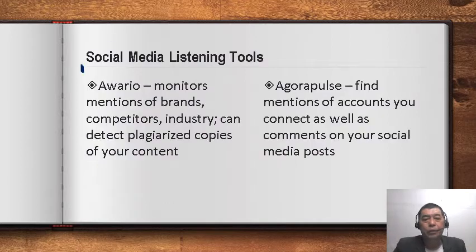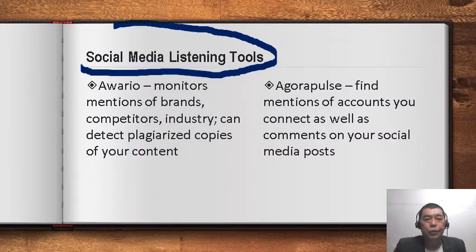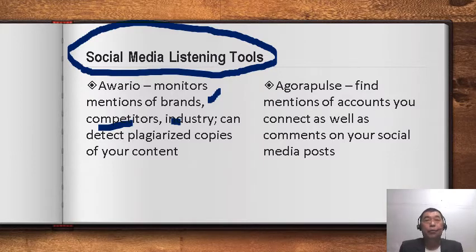So we go now to social media listening tools. No, what are the tools? Awario monitors mentions of brands. No, their company brands. The competitors in that industry can detect plagiarized copies of your content. No, actually there are a lot of free online plagiarism software on the internet, and they are free.